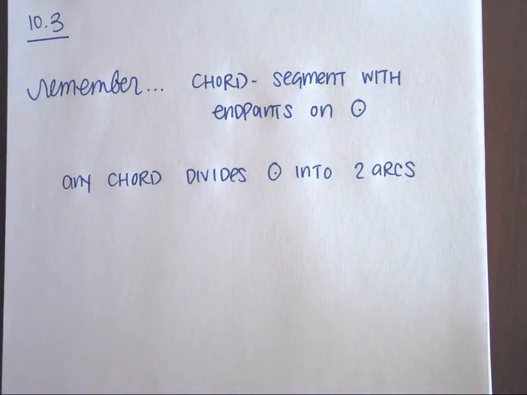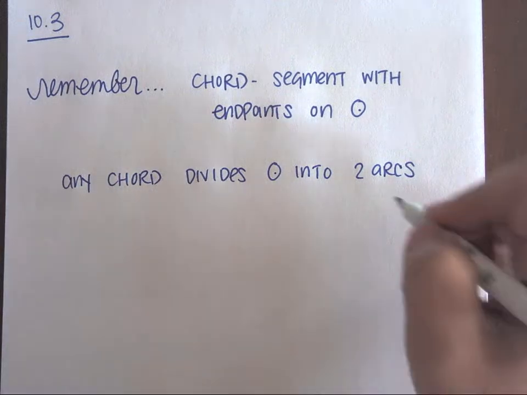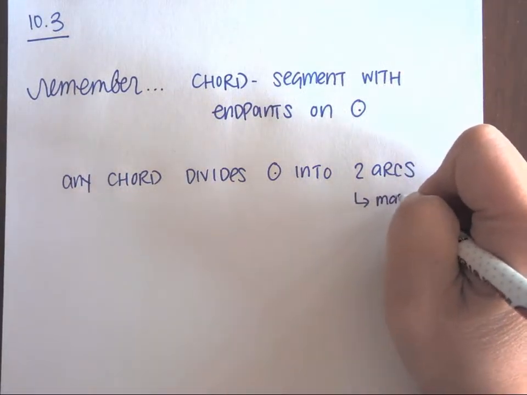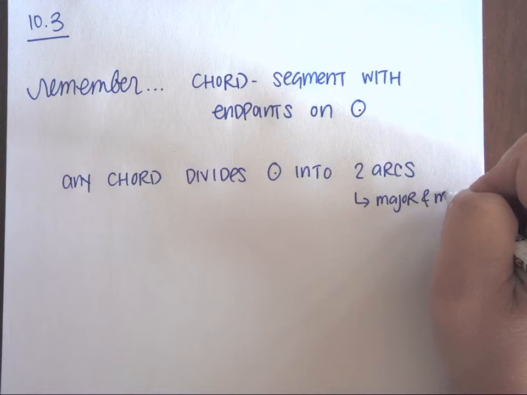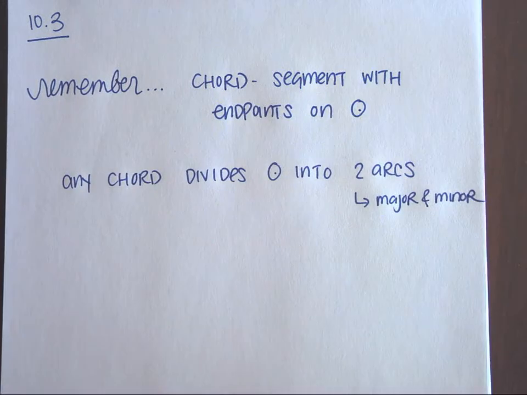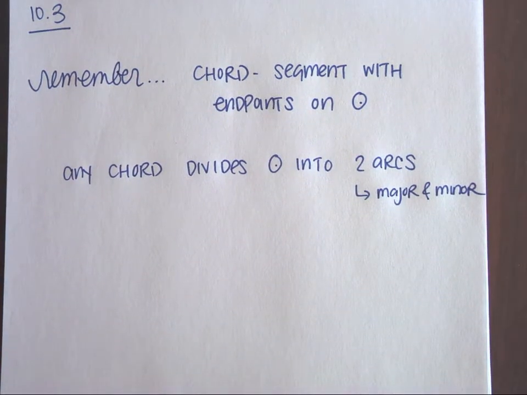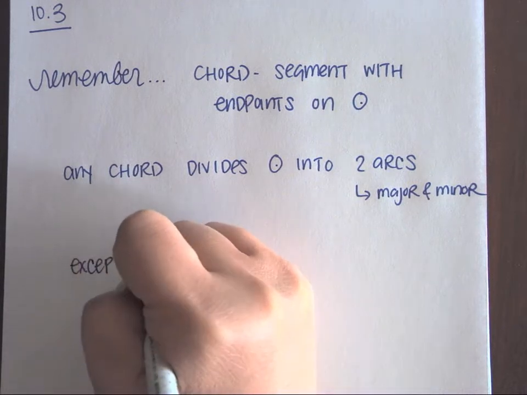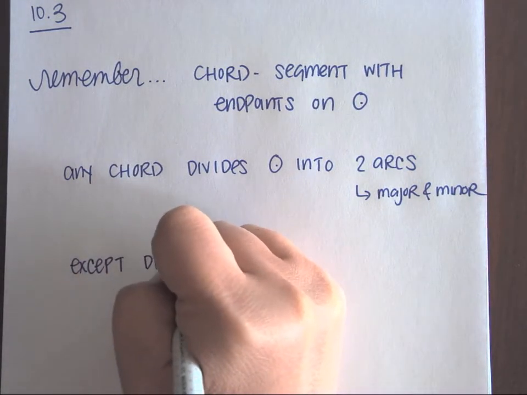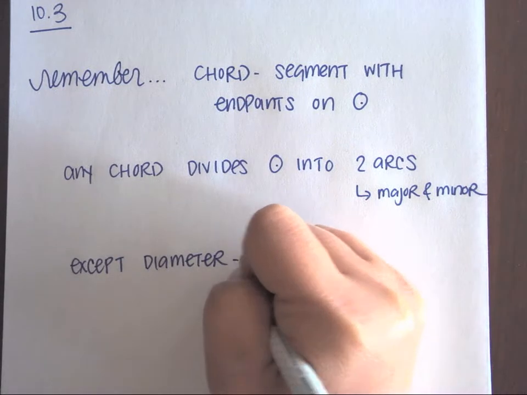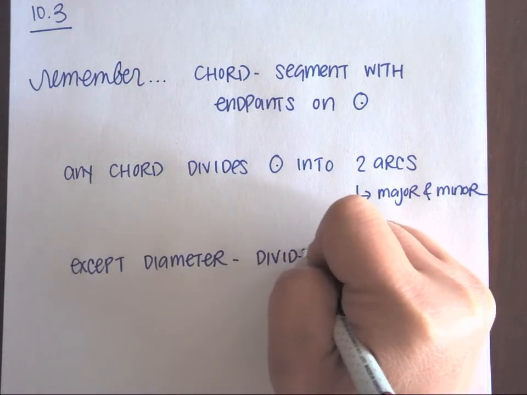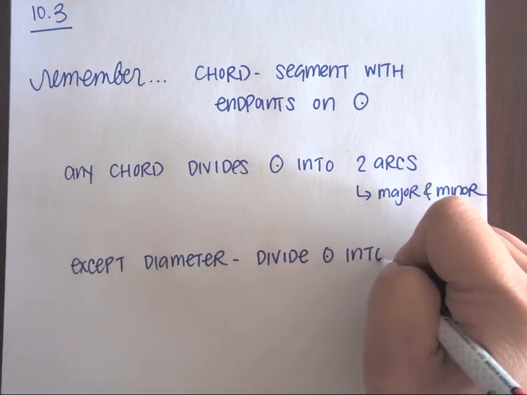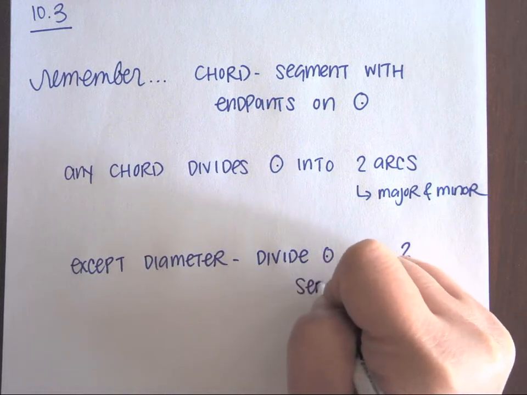A lot of times these two arcs are a major arc and a minor arc. There is one exception, when the chord is a diameter. If the chord is a diameter, then it will divide the circle into two semicircles.